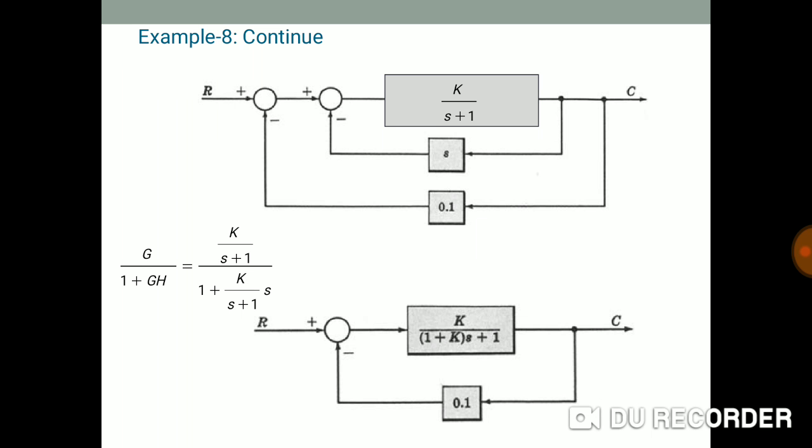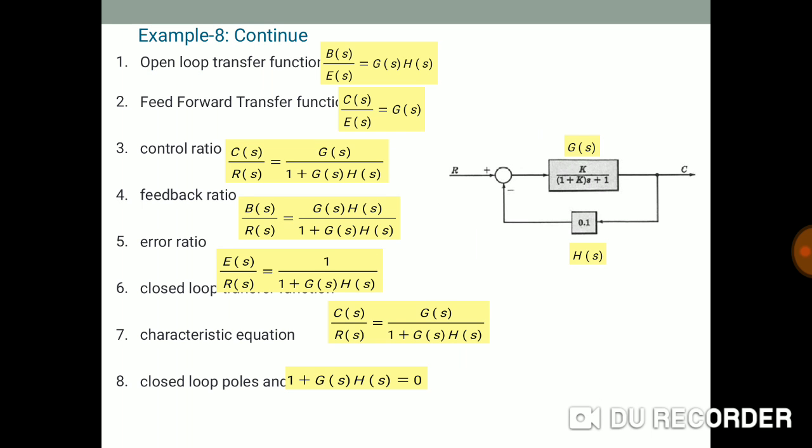Our G is K/(s+1) and our H is nothing but s. Using the feedback formula again, finally we get G(s) as K/(1+K(s+1)), and in the feedback 0.1 is there, that is H(s).